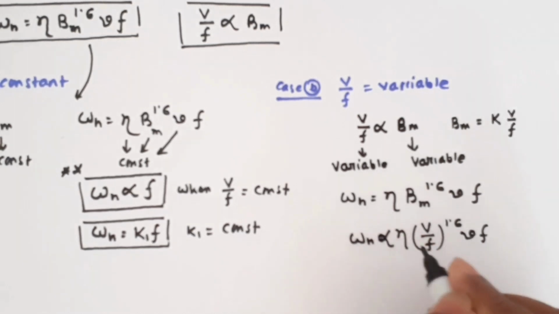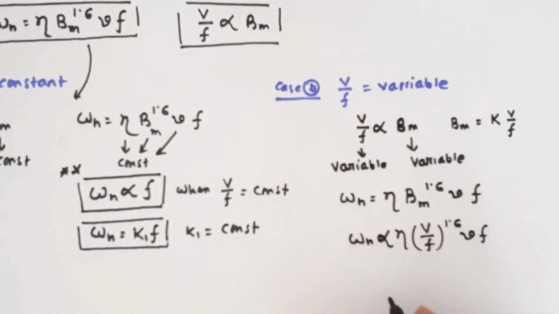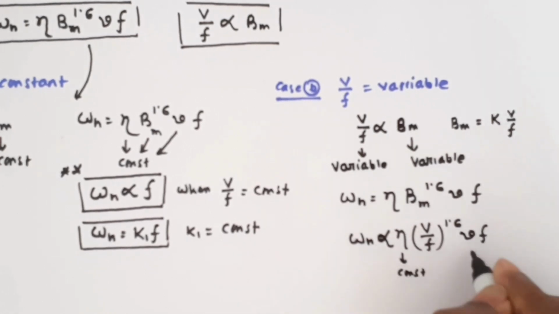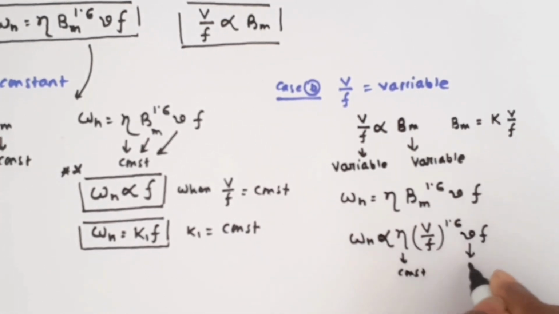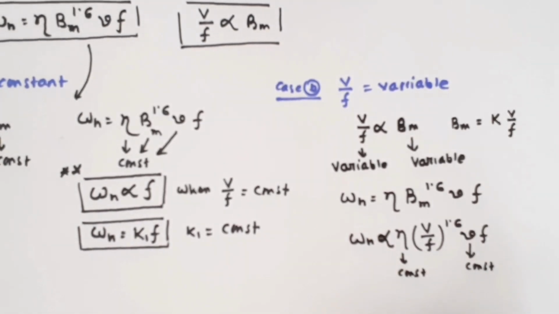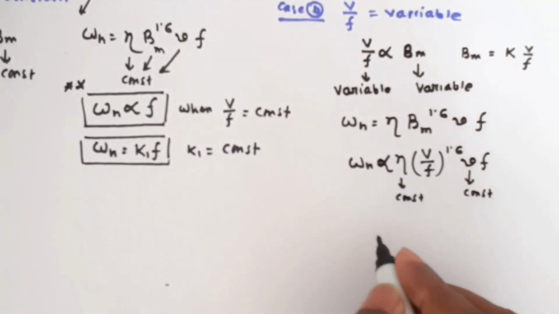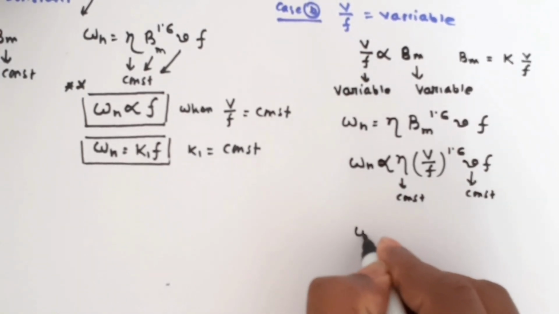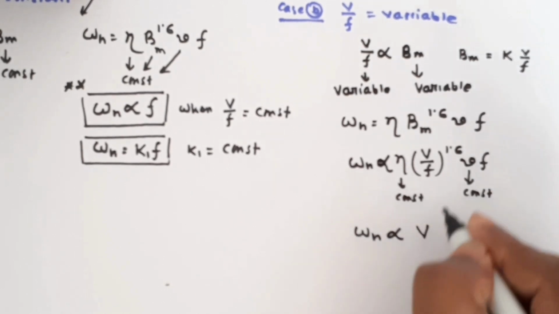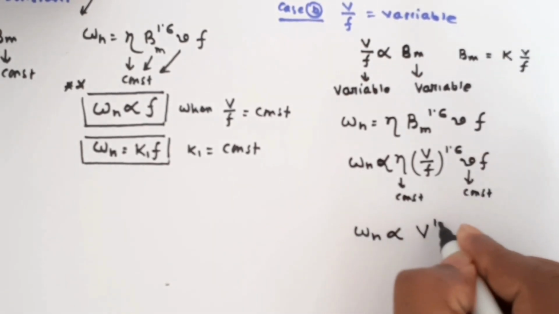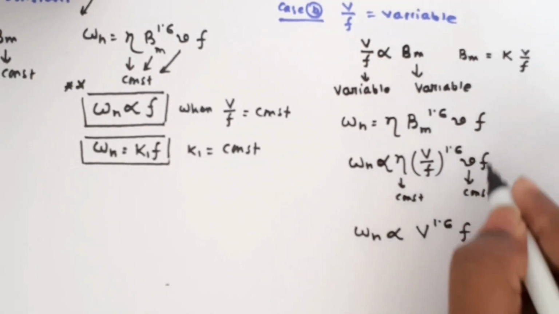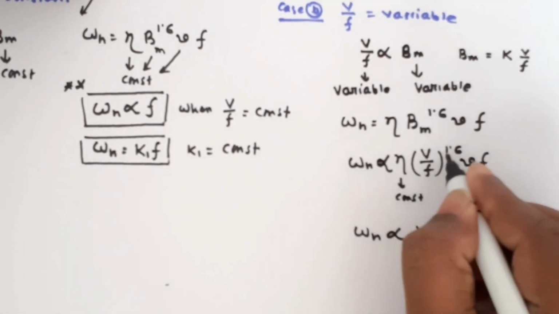Actually it is proportional to, since this is constant and the volume of the core is constant, therefore I can write W of H is proportional to V power 1.6 into F power 1 minus 1.6.